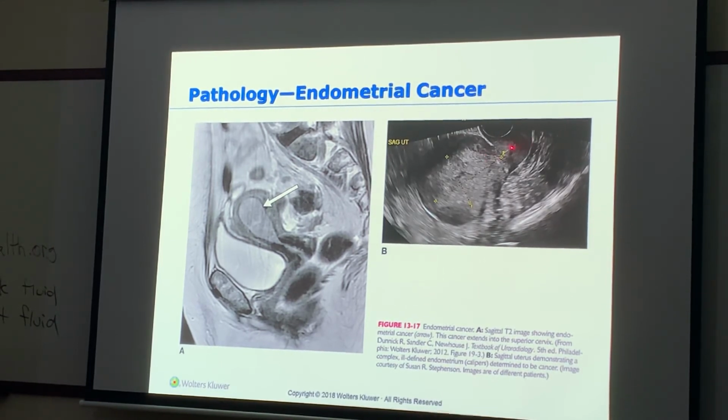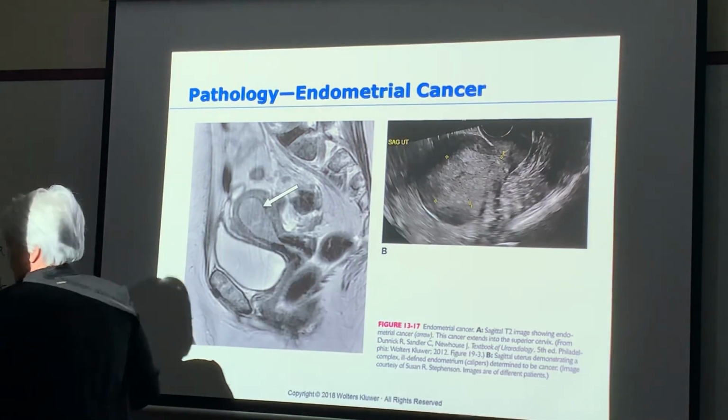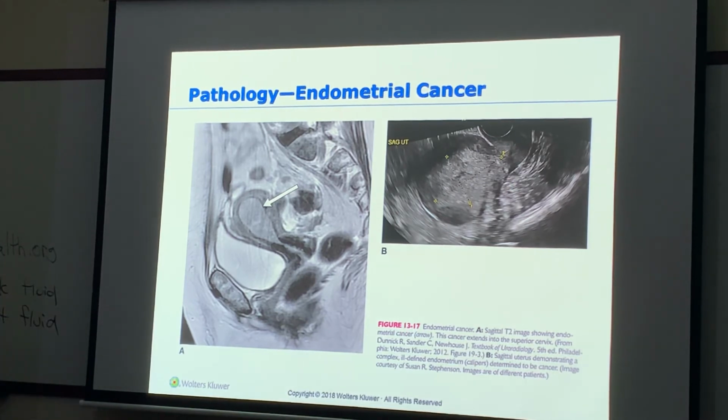And you can see this is an anteverted uterus, cervix, vagina, cervix, lower uterine segment, and all of this is endometrium. My endometrium, is it homogeneous or heterogeneous? It's heterogeneous. It's hyperechoic to the myometrium.